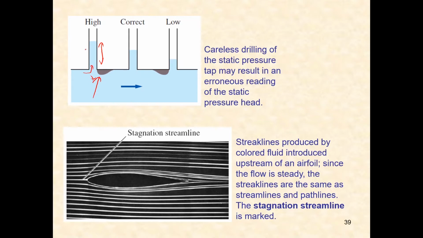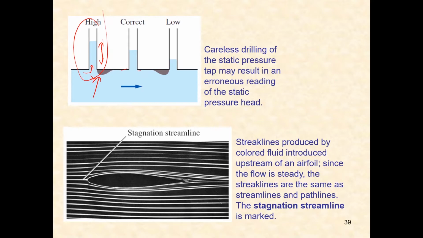So the pressure here is higher than the static pressure because it also captures the pressure due to the motion. The pressure being captured here is not only static, but also some of the dynamic pressure as well. The second one is the smooth one. This is the correct configuration, where it only captures the static pressure.